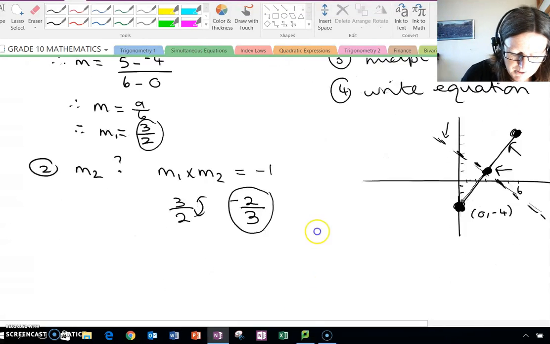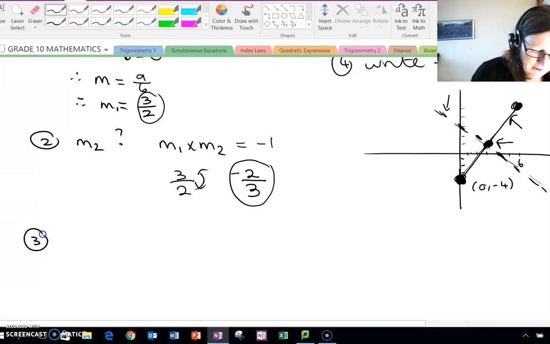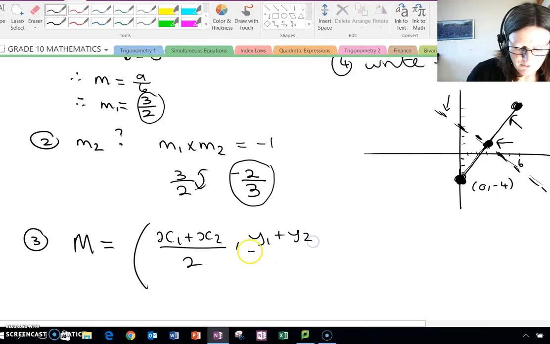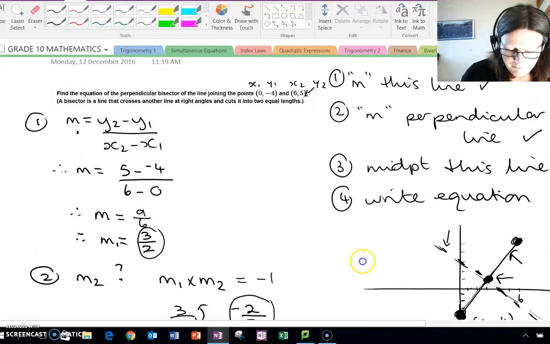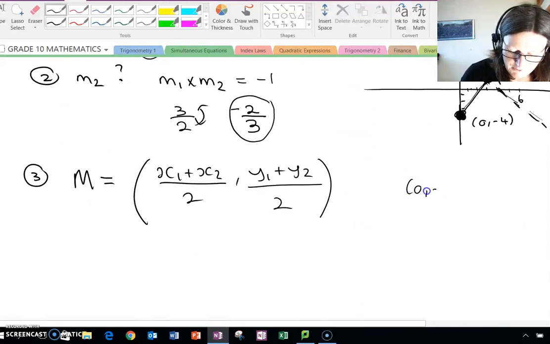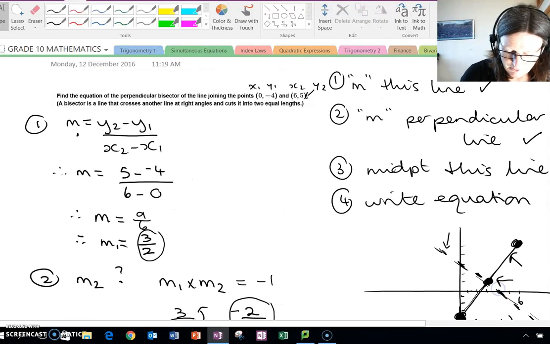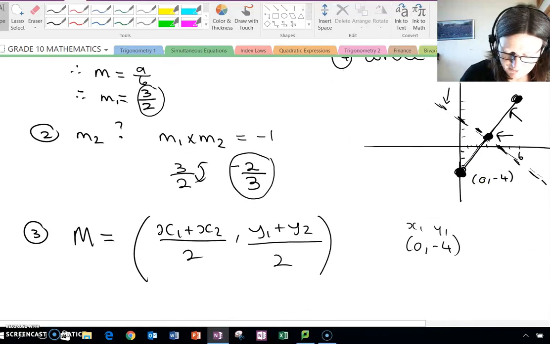Now we need to find the midpoint of our original line. The midpoint formula, M, equals x1 plus x2 over 2, y1 plus y2 over 2. Remember (0, -4) was our x1, y1, and our second point (6, 5) was our x2, y2.